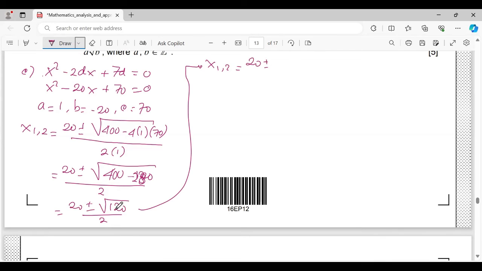This is 4 times 30, so 2 square root 30 over 2, divided, becomes 10 plus minus square root 30. This is divided by 2 already. So now x1 equals 10 plus square root 30. Wait, x2 is 10 minus square root 30.